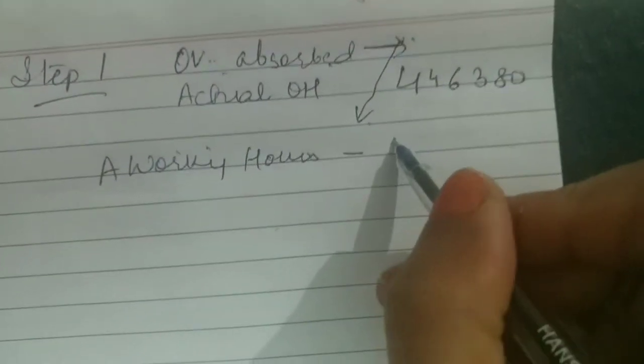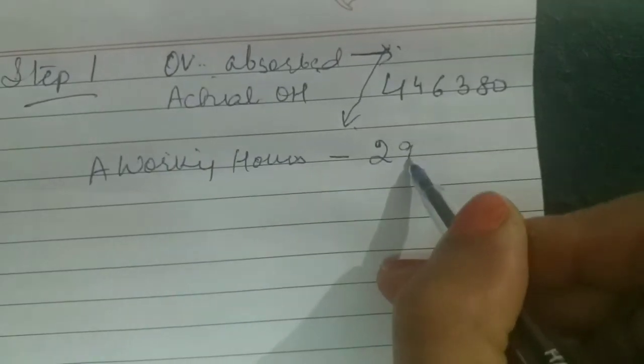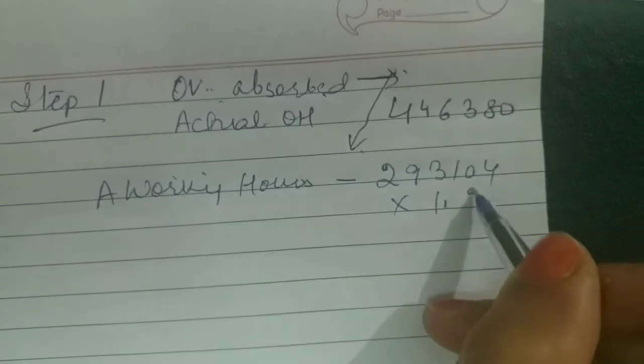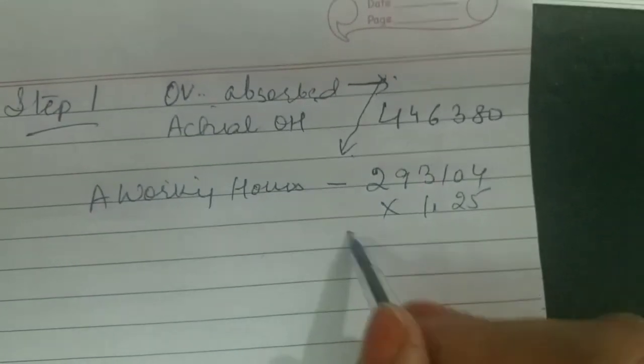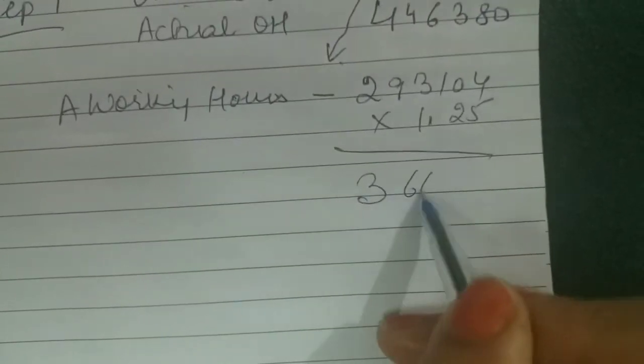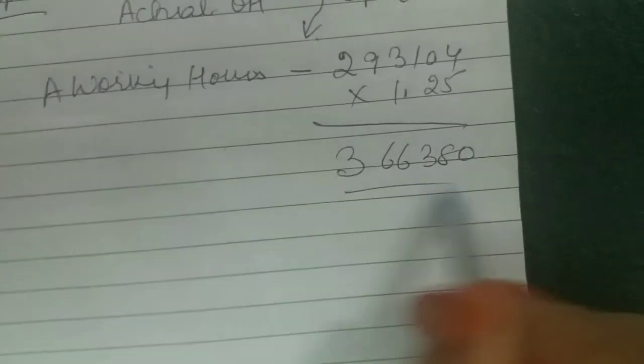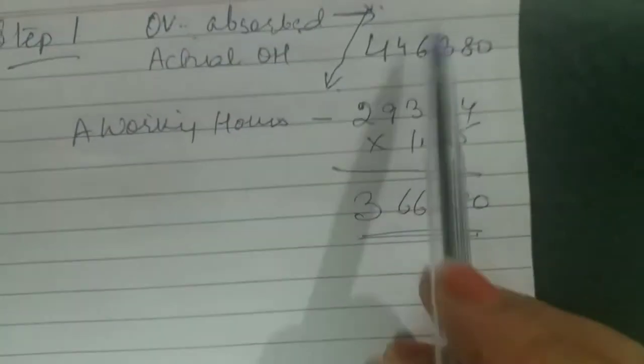So using this data, let us do the calculation first. So actual working hours are this and they are absorbed at the rate of 1.25 per hour. So we multiply and then we get a figure like 3,66,380.